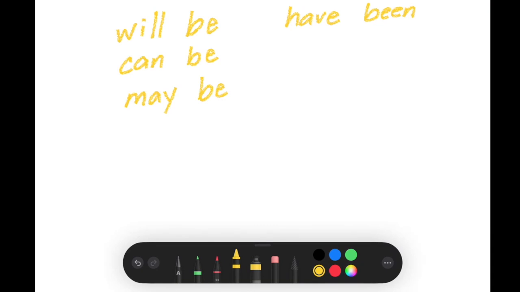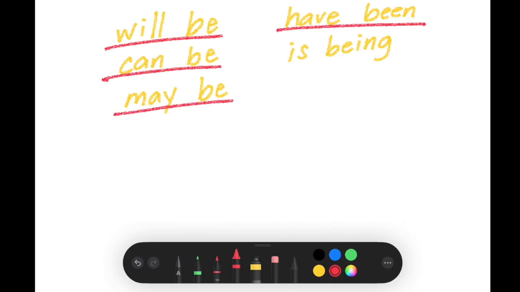Two words joined together but are linking verbs. Okay, they are also linking verbs. Will be, can be, may be, have been, is, being. All right.